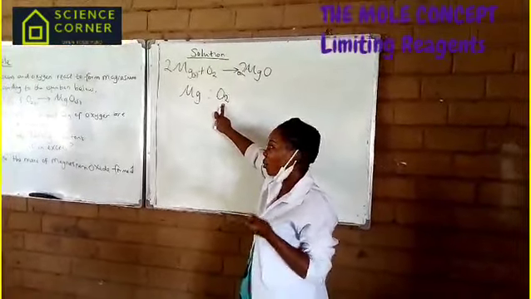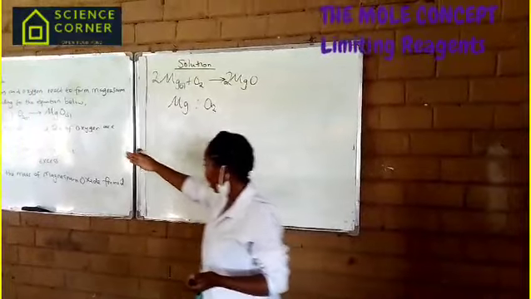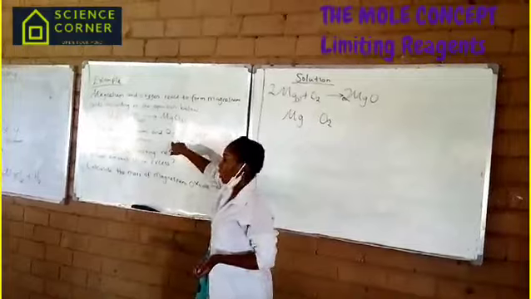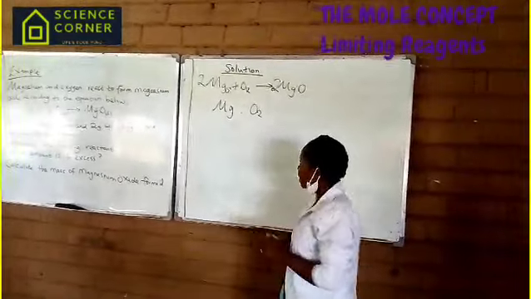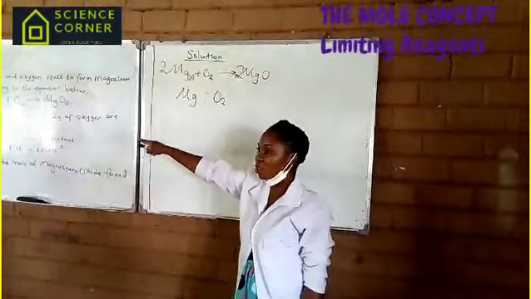So we're going to pretend at this point that, let's say, we have not been given the mass of what? Of oxygen. So for us to convert that mass to number of moles, if we ignore the oxygen, we are simply just going to remain with magnesium, right? Okay, so how do we convert the 6 grams of magnesium to number of moles?